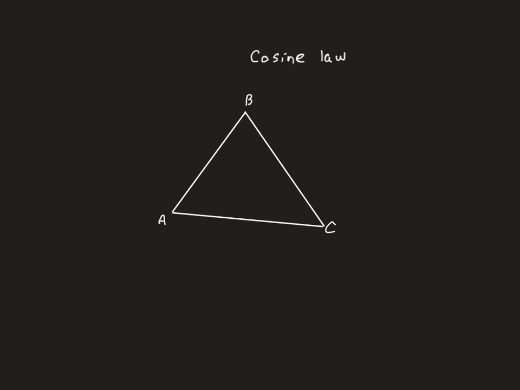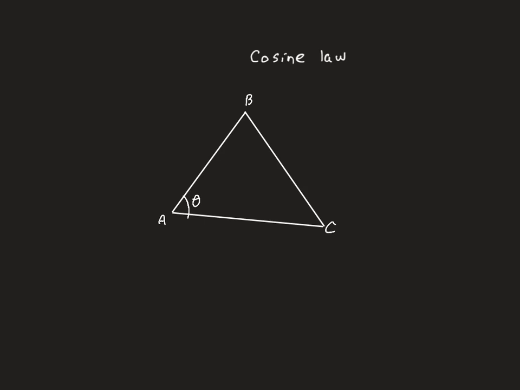Okay, so let's say you're looking at the diagram below. And let's say in it you know angle A. So I know this angle. I don't know angle B, I don't know angle C, but I do know this side.